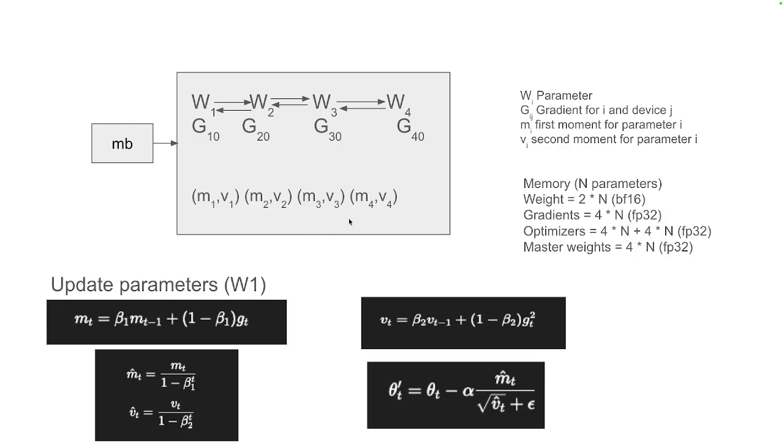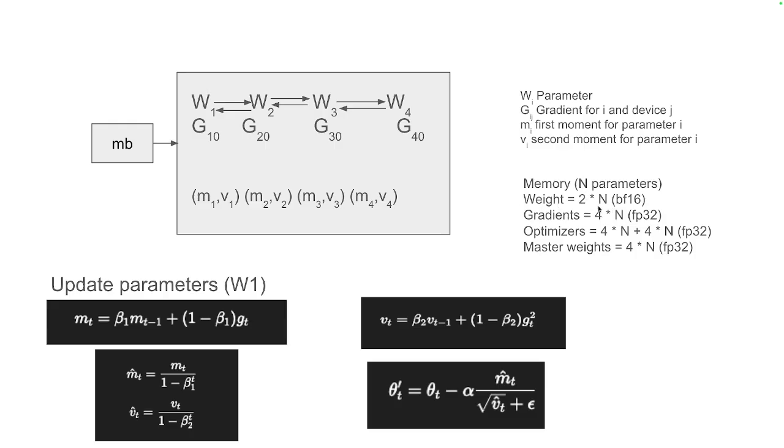In AdamW, we keep track of these first and second moments, which basically give momentum to our gradient updates. This is per parameter, and we need to store them throughout the training process. So when you are training a model, you have these memory requirements for weights.